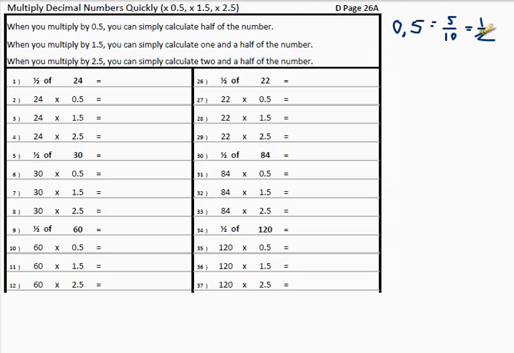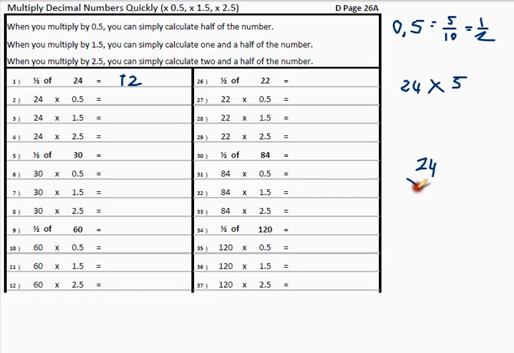So we know 0.5 is a half. So if you say 0.5 times 24, you can just as well say half times 24. Okay? What is half of 24? 12. So what do you think would be 24 times 0.5? Let's check it quickly with our other method. We ignore the point and we just say 24 times 5.